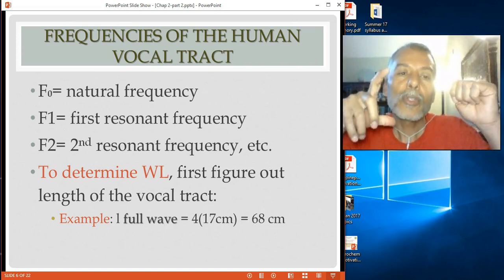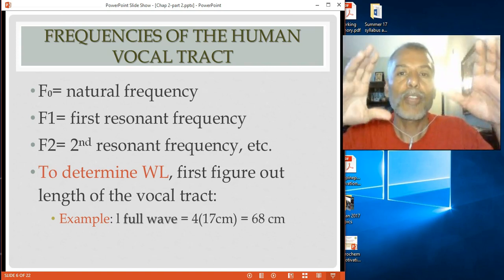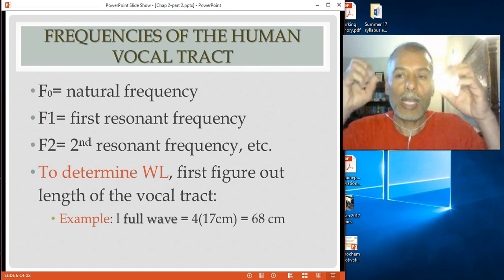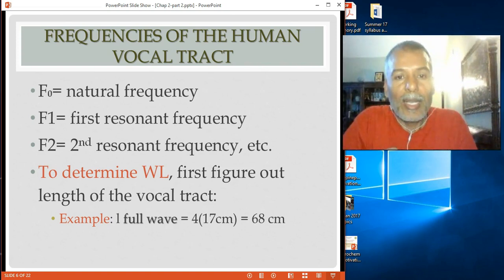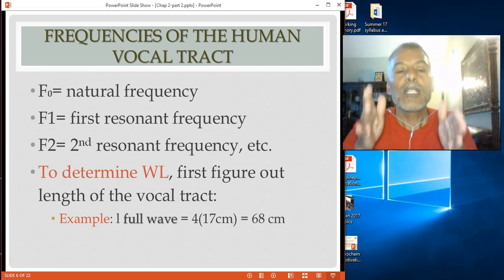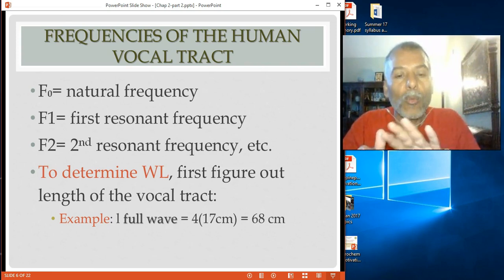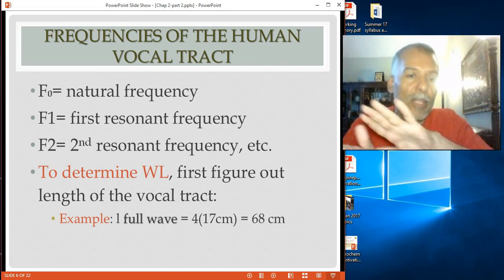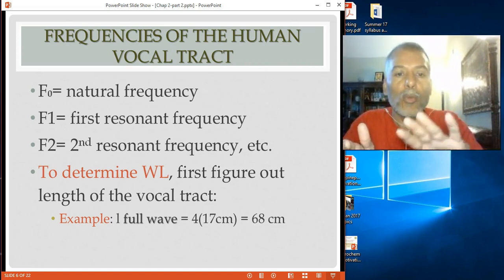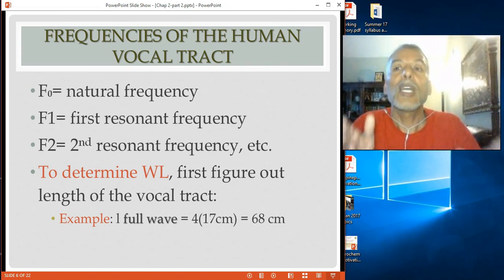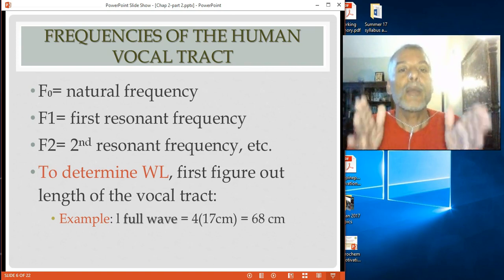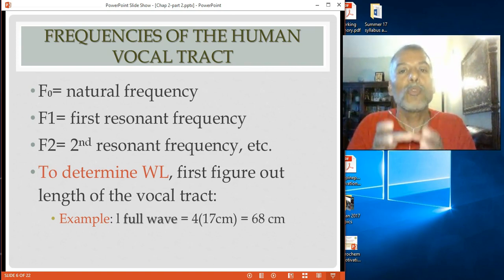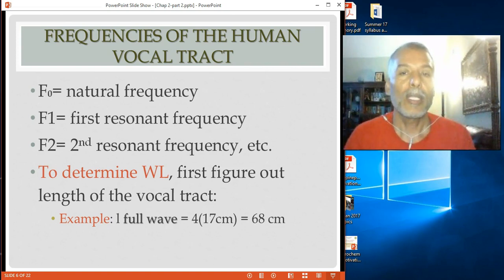For that reason, it doesn't matter at some point. Once you get the first response from the vocal tract, once the air in the vocal tract begins to resonate and give you the sound back, that is going to determine what happens next. All the subsequent frequencies are going to be determined not by the fundamental now. They will be determined by the first time that the vocal tract begins to buzz, begins to play the tone.